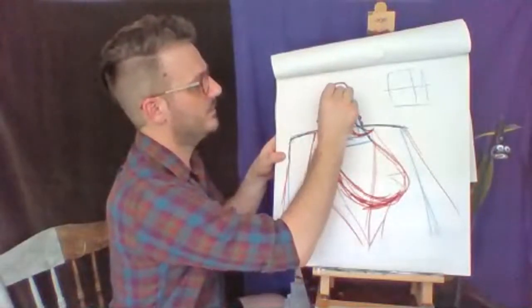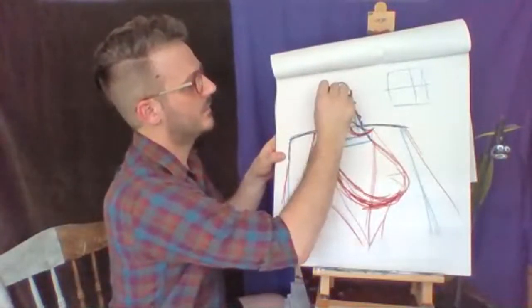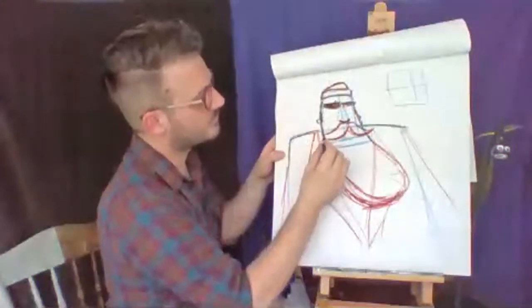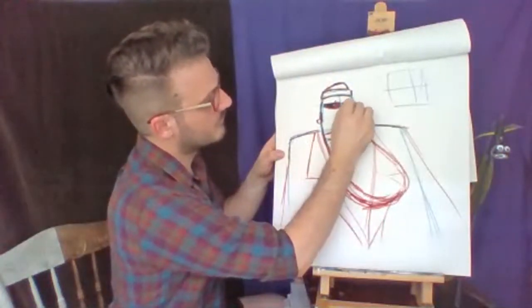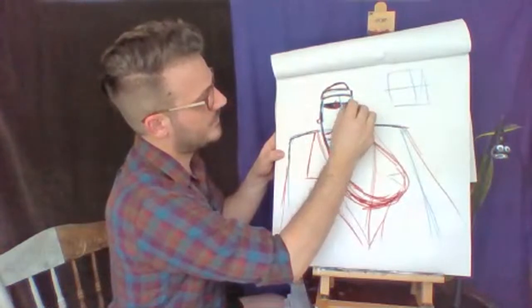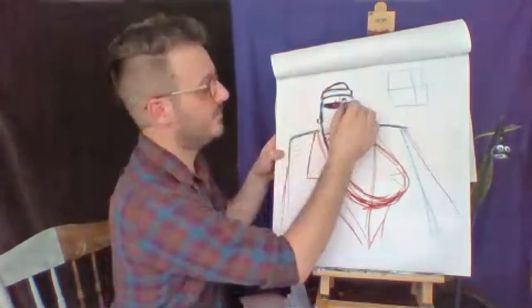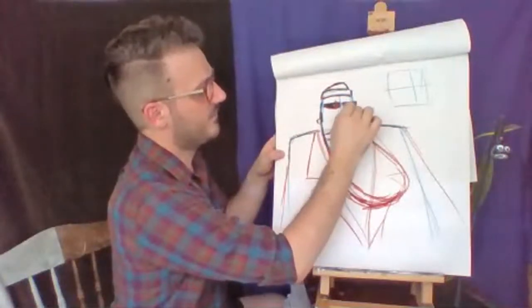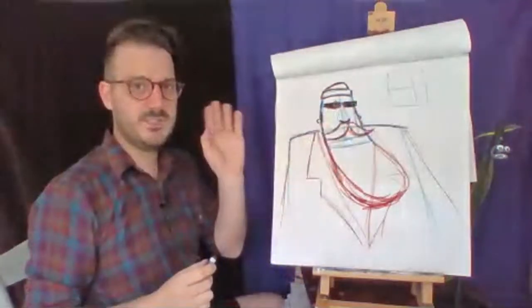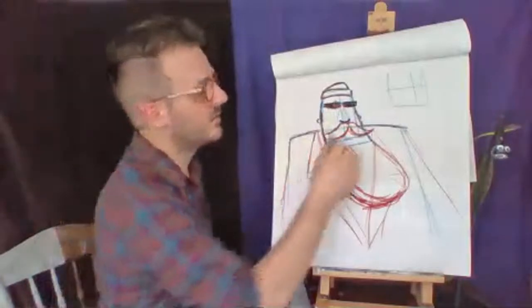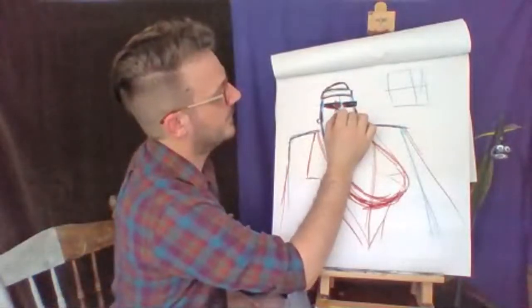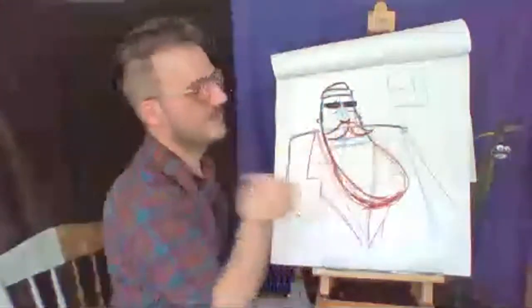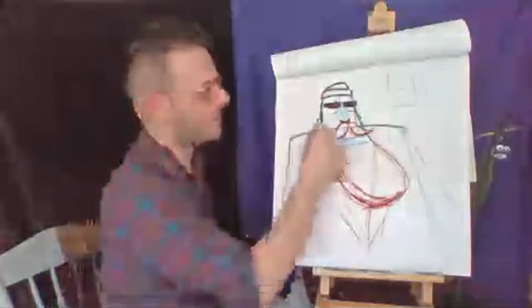I put a little toque on there, keep his little head warm. And to make his eyebrows appear even bushier, I drew them, this one at least, like it's sticking out of the side of his head. And then I can give him little lines there. That makes him look a little bit older.